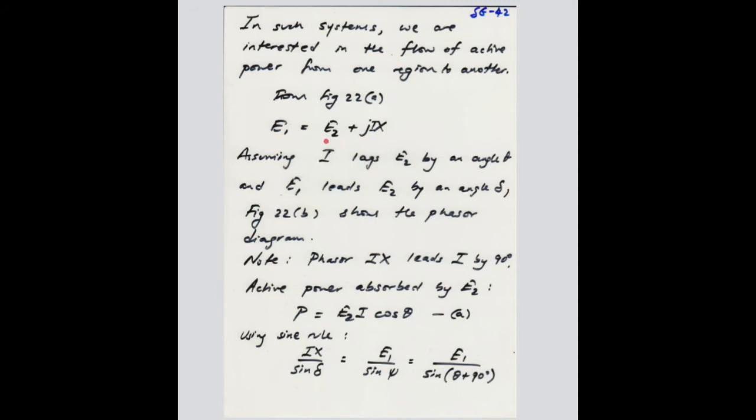So this is writing the voltage across the line and the voltage across the second region B.